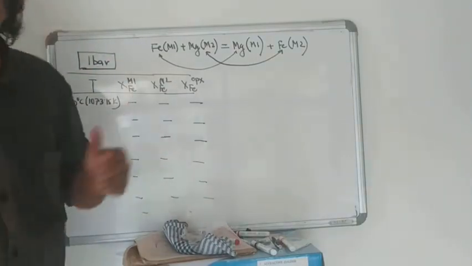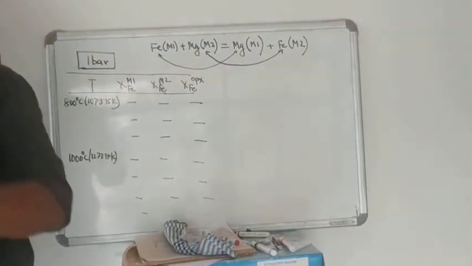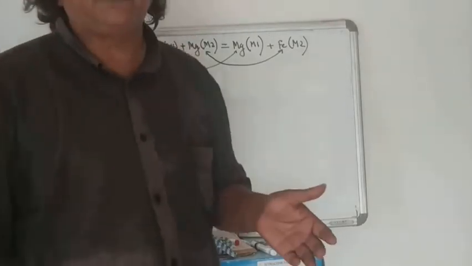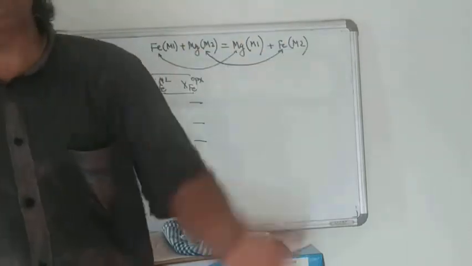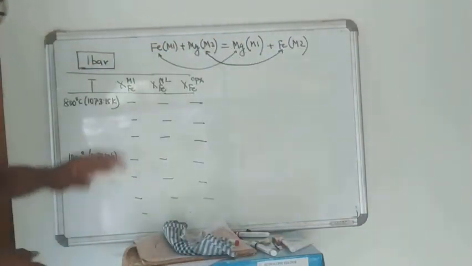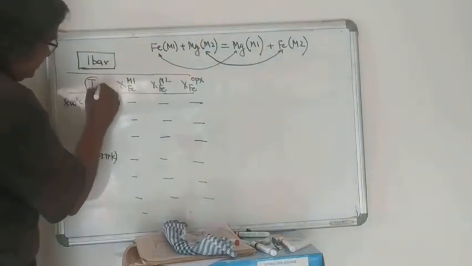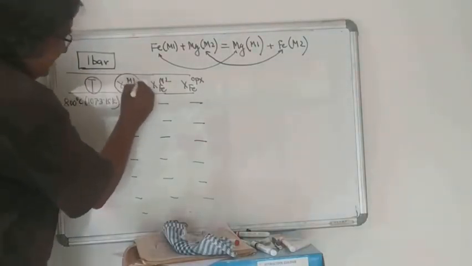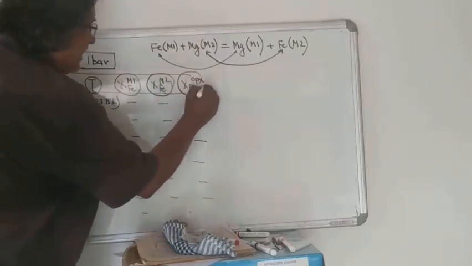But at temperatures above 700 degrees centigrade until about 1200 degrees centigrade, the experiments are much better constrained, the results have much more accuracy, especially at high temperatures, the experiments are deadly accurate. So this is the data we have. We have data on temperature, we have data on XFe M1, we have data on XFe M2, and we have data on XFe orthopyroxene.